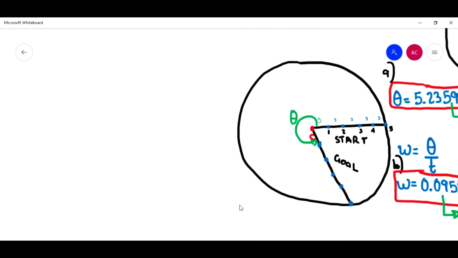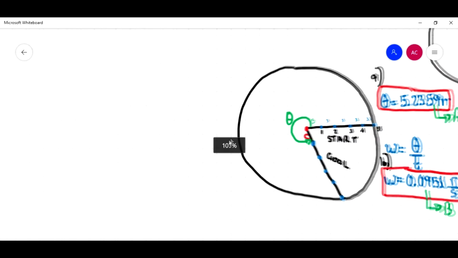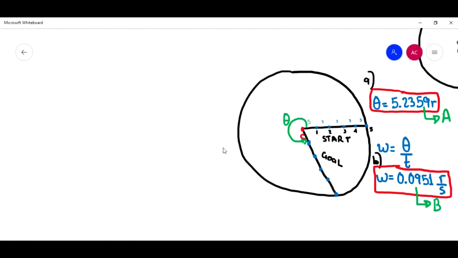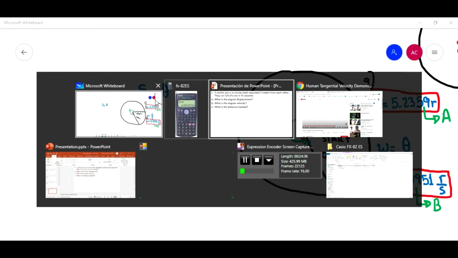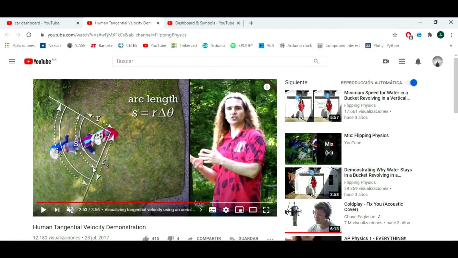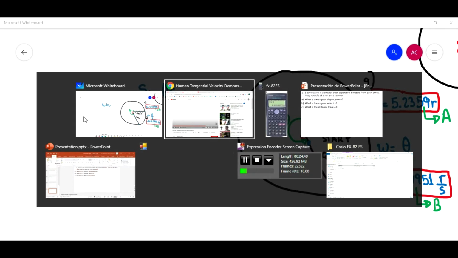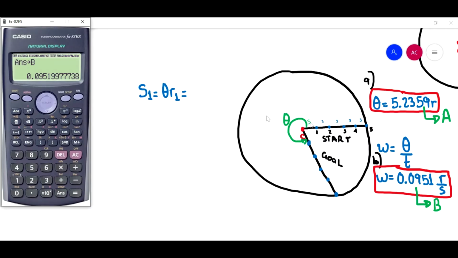If I want to find the distance for the first cyclist, the equation will be distance 1 equals the angular displacement, which is the same for all of them because all of them travel the same angle, times the radius 1. In this case the radius 1 is 5 meters.